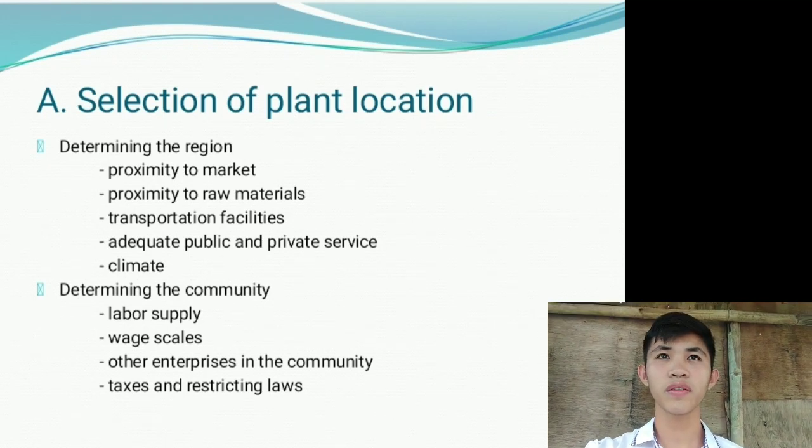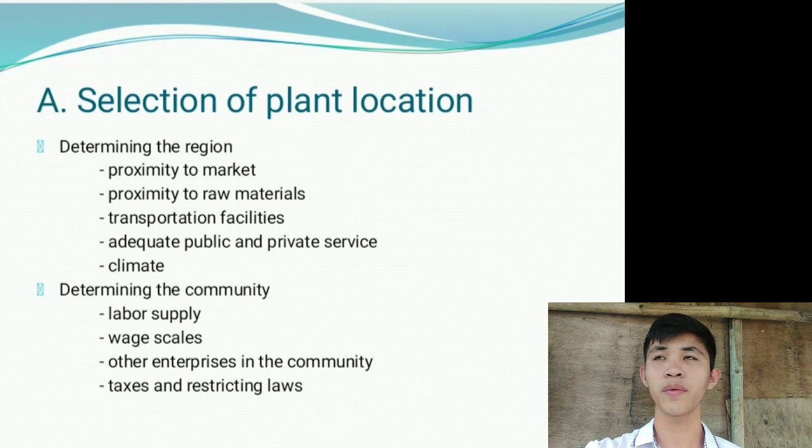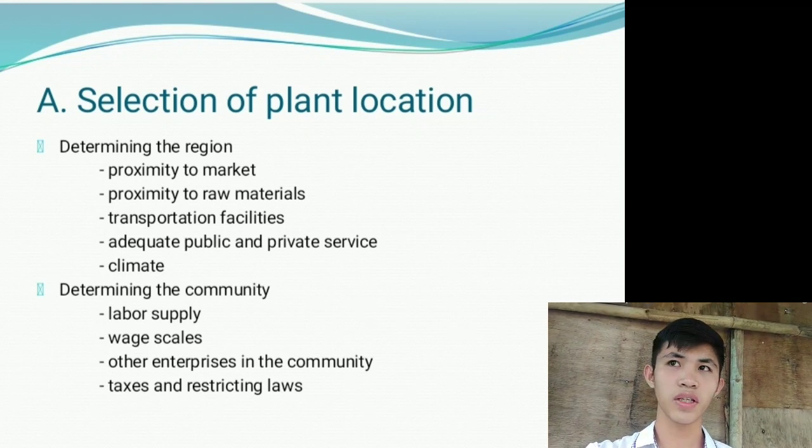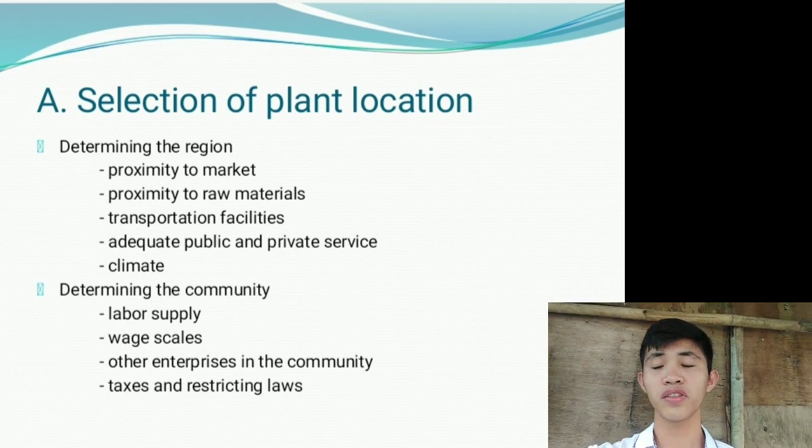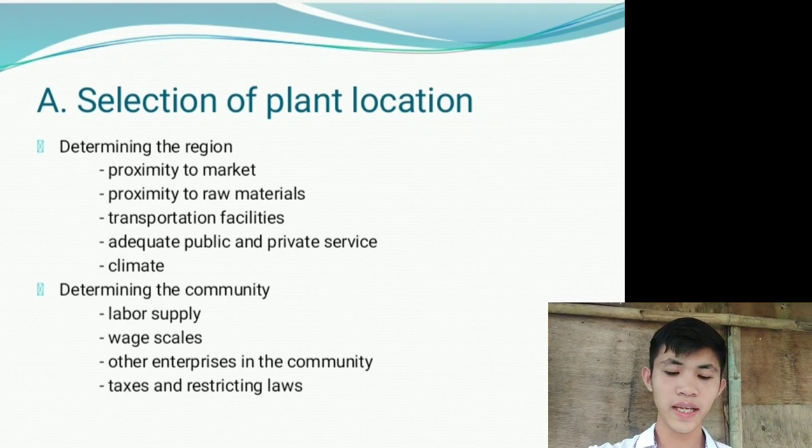So of course if you're going to have a business, you must consider the transportation. Then adequate public and private service.